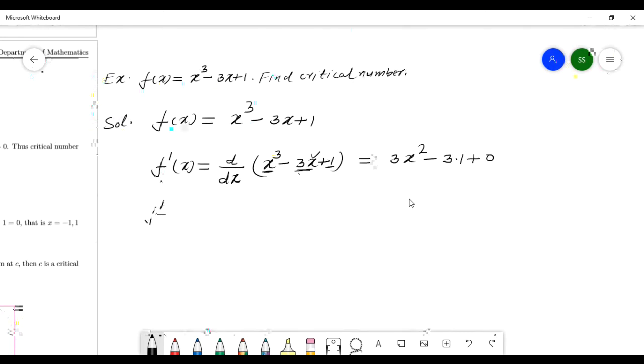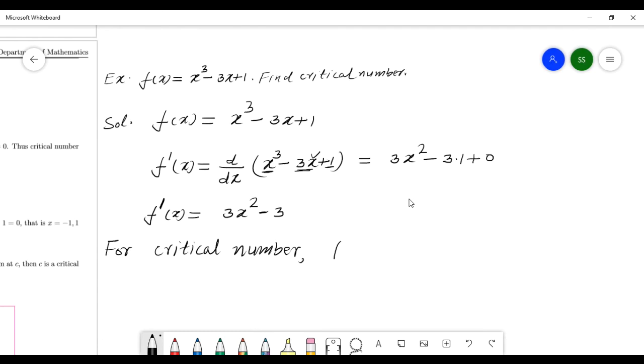So f dash x equal to 3x square minus 3, right? This is the derivative of this function. So first you find this derivative f dash x, and number 2, for critical number, what you do, take this f dash x, this derivative, take this equal to 0. Okay, take this equal to 0 and solve.